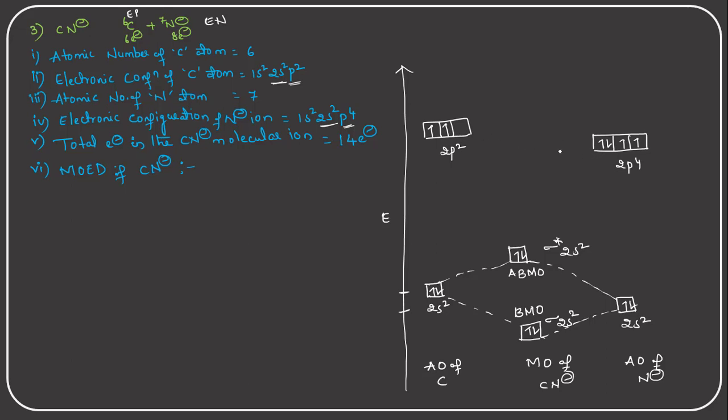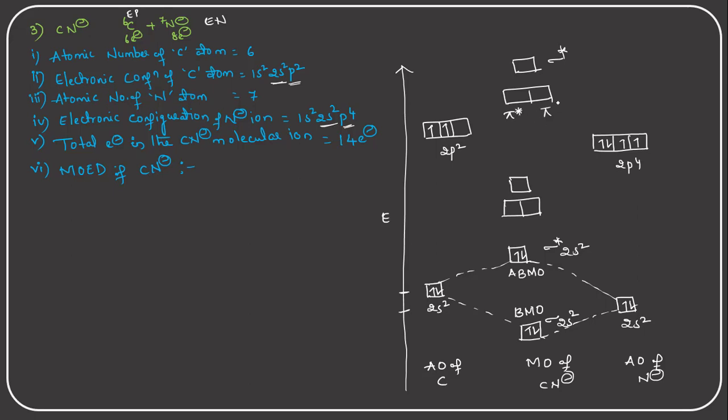When they combine together, since the atomic number of carbon is less than 7, and nitrogen is also having less than 7 only, the formation of the pi orbitals takes place first, okay. The formation of pi orbitals takes place, then the sigma orbital, and here also in the same way. So this is the sigma star orbital and this is the pi star orbital.